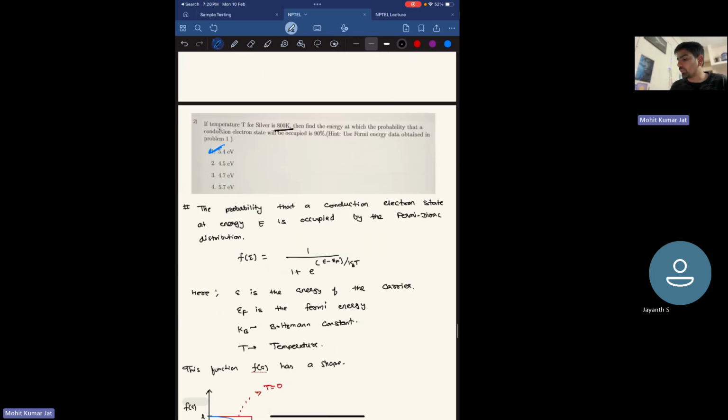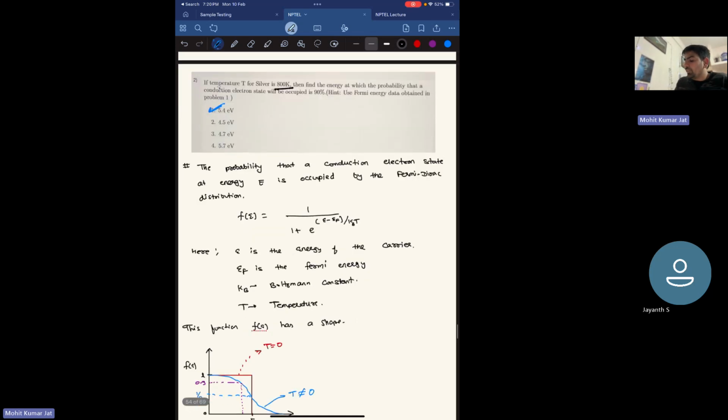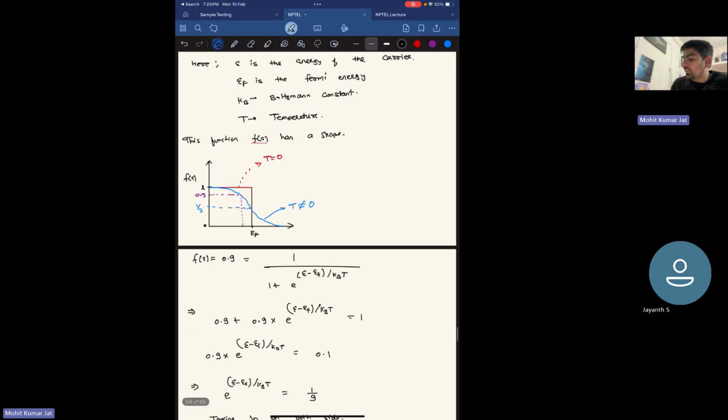Now, in the next question, the temperature for silver was given 800 Kelvin, and the probability that a conduction electron state will be occupied is 90%. So this is the Fermi occupation number. Fe is 1 by 1 plus e to the power (E minus EF) by kT. This function tells what will be the occupation number, the probability of occupation for the electron, fermions basically.